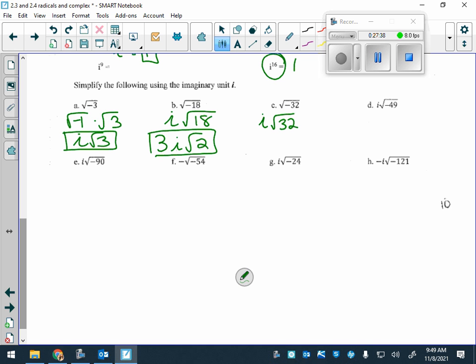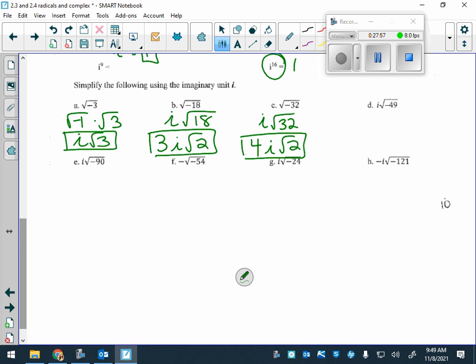Yeah, Jeff. 4 root 2. So this would be 4i root 2. Awesome. Okay, you see that negative i comes out.